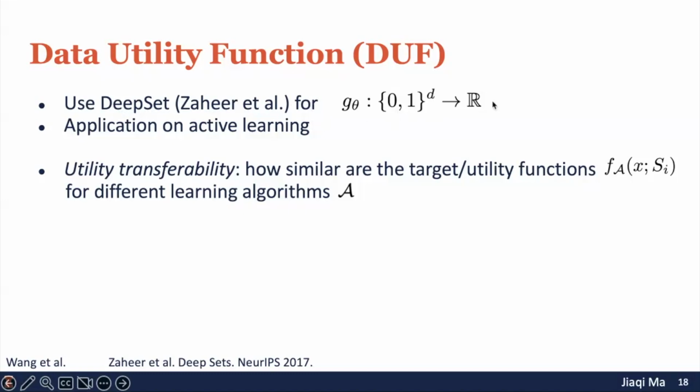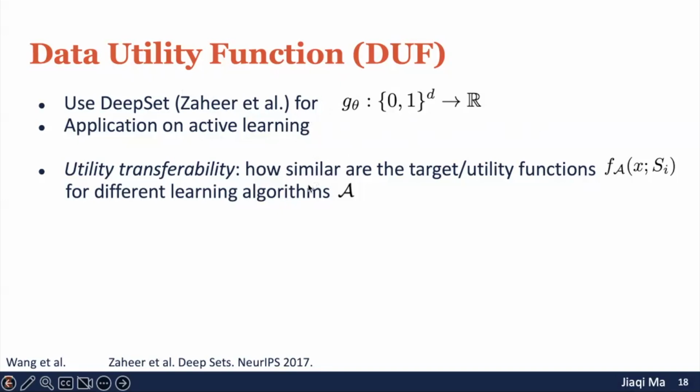They also sample subsets and retrain models on them to get ground truth target function values, and then learn this parameterized deep set function using that. They demonstrate that this estimated function can be used to effectively guide active learning. So basically, they show that learning this kind of target function is also possible by using this deep set model.